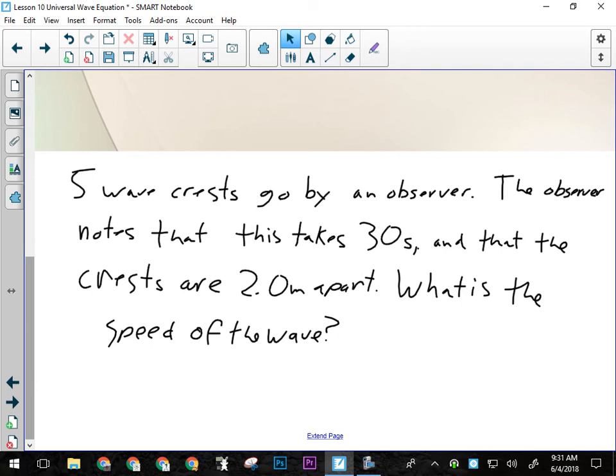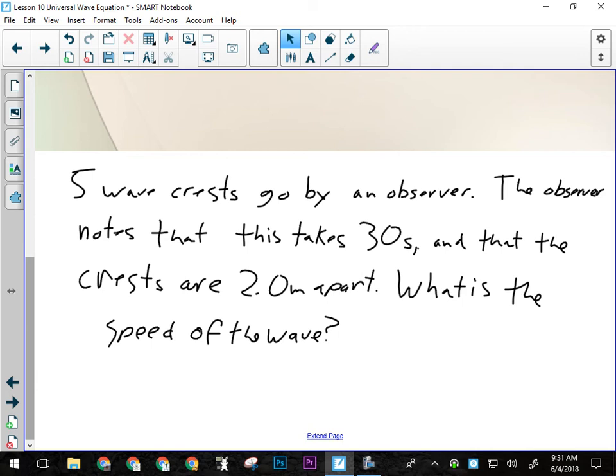I've got 5 wave crests that go by me, and I note that it takes 30 seconds for all 5 wave crests to go by. The crests are 2 meters apart. What's the speed of the wave?